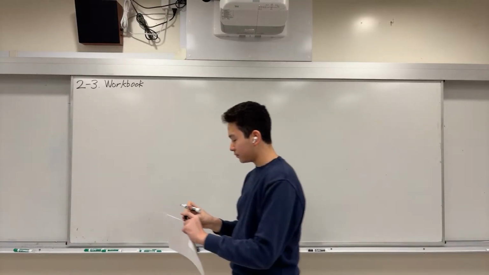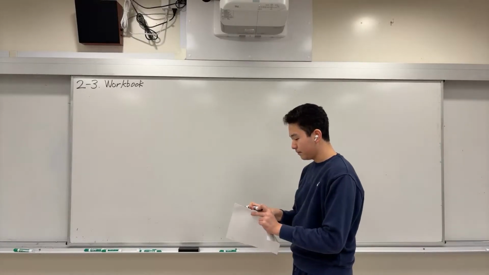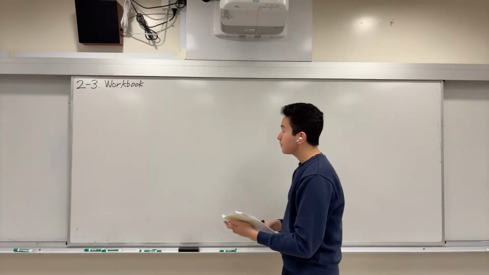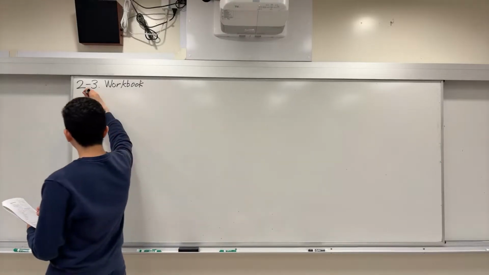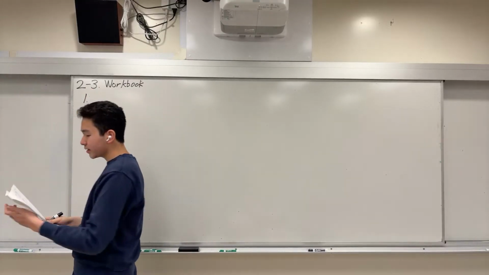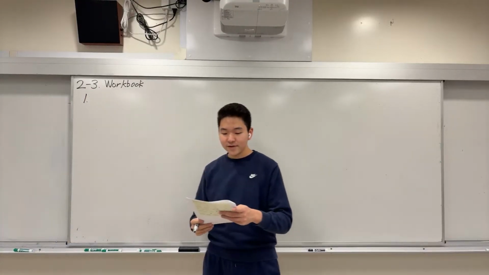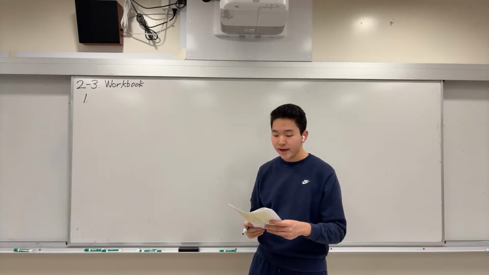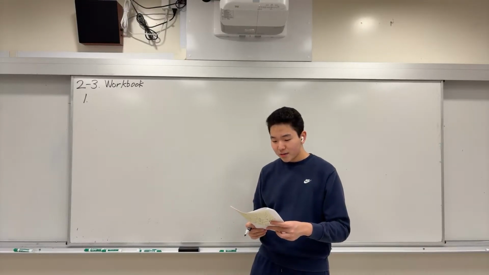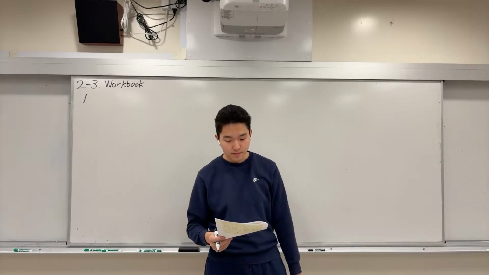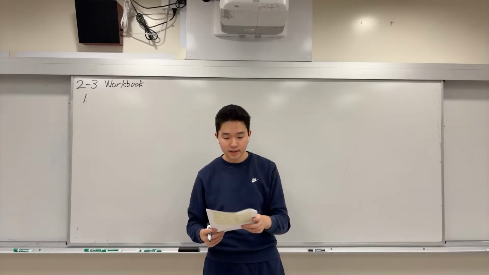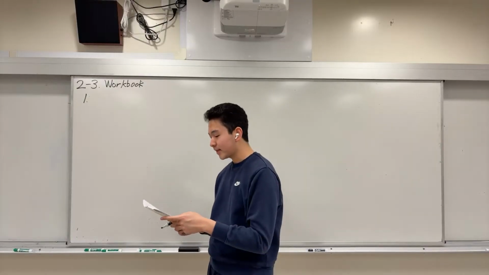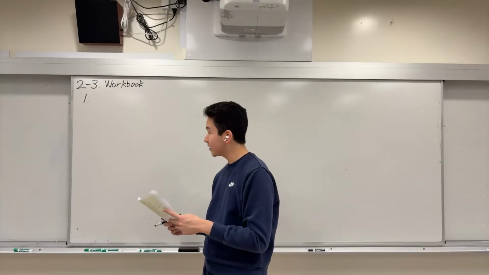Okay. So let's see here. Number one is a proof question. If function f of x is continuous on the closed interval and differentiable on the open interval, and f prime x is greater than 0 for all points on that interval, then f of x increases on this interval, and it asks us to prove that.